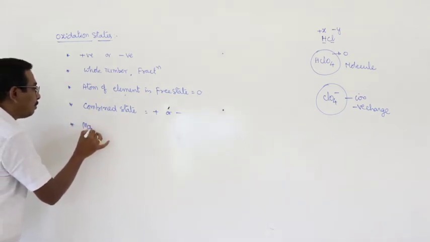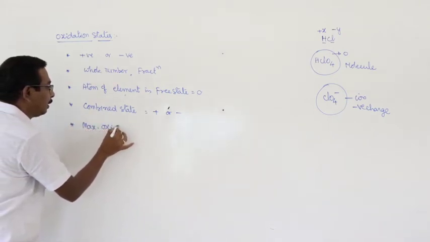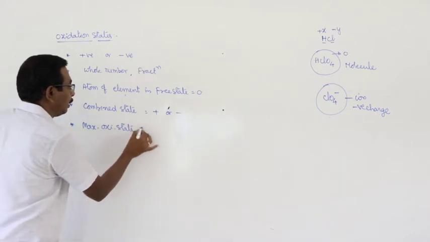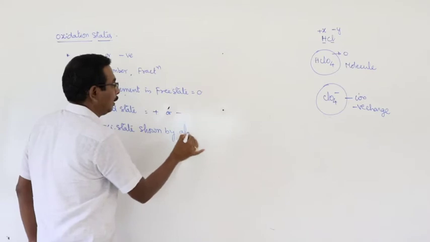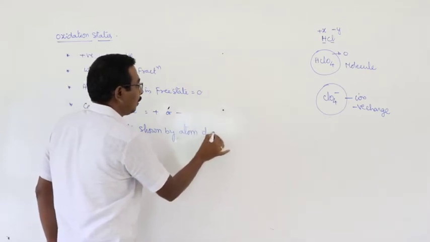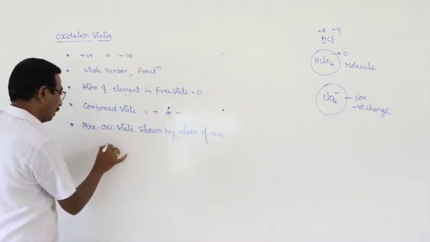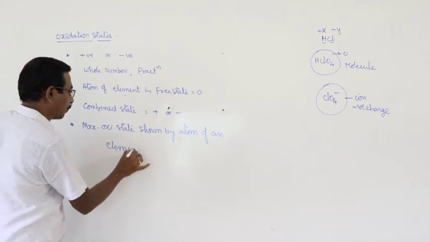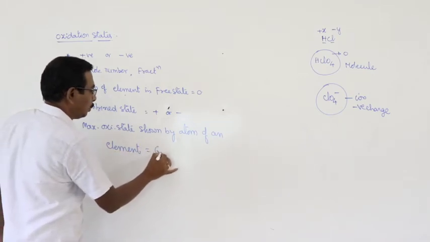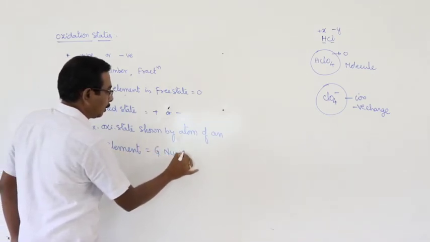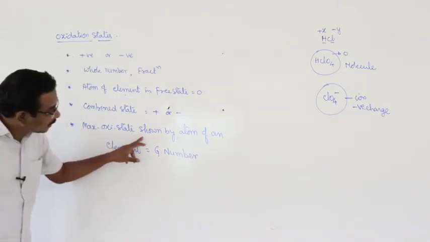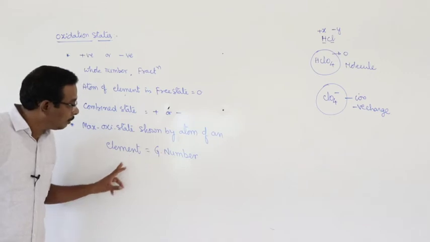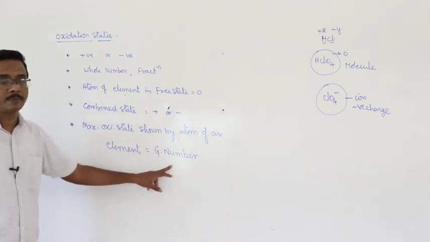The maximum oxidation state shown by an atom of an element is equal to its group number. The maximum oxidation state shown by an atom of an element is equal to the group number.